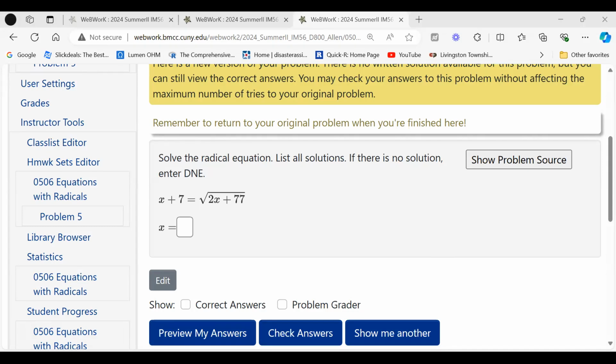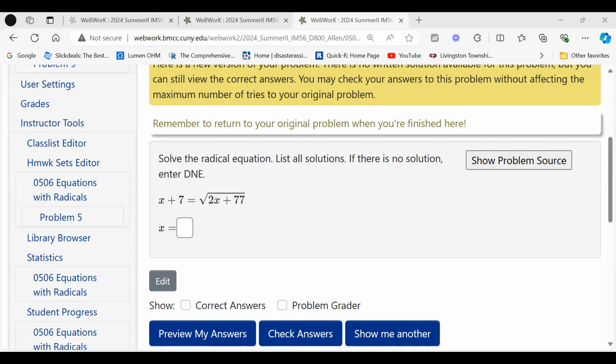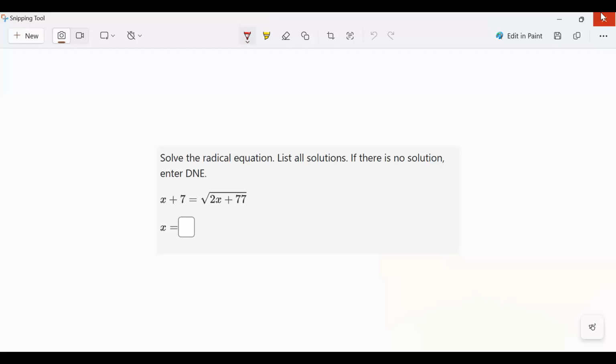First of all, you're gonna square both sides of the equation for this question, and simplify as much as you can and solve for x. So square both sides of the equation first.